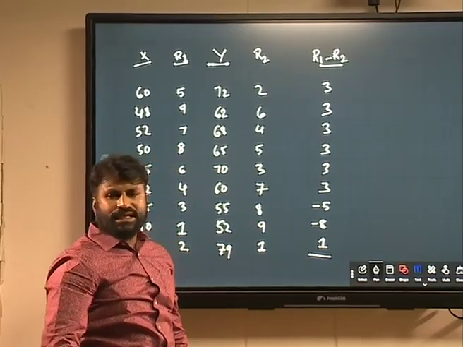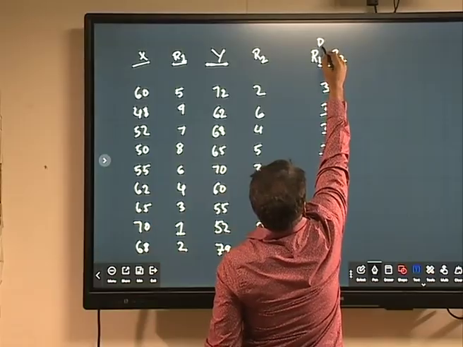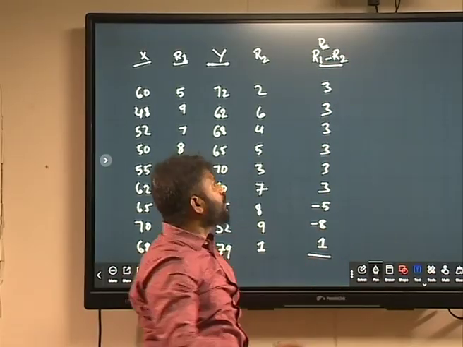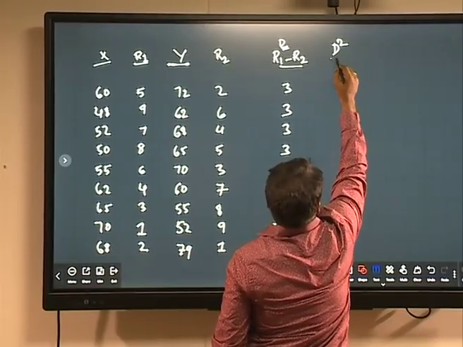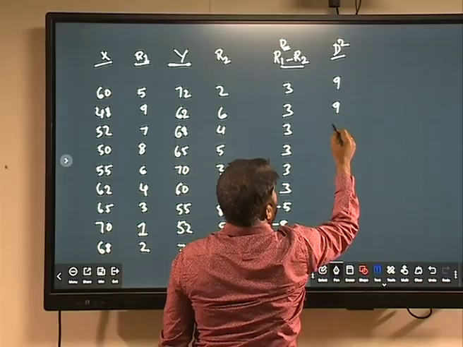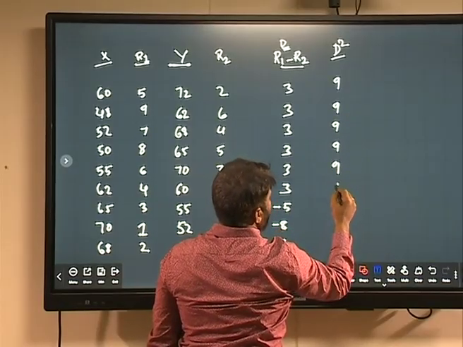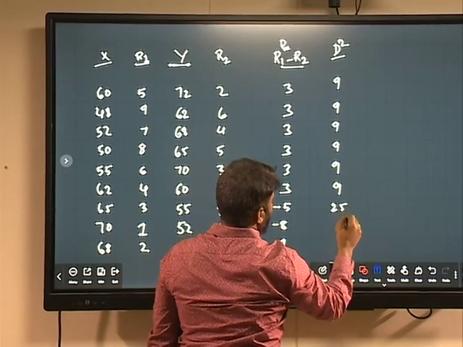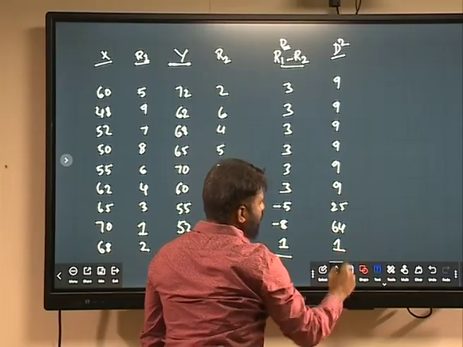So after calculation of the difference of ranks, this is D. Next, after calculation of D, D square. So this is 9, 9, 9, 9, 9, 9, 25, 64, 1.